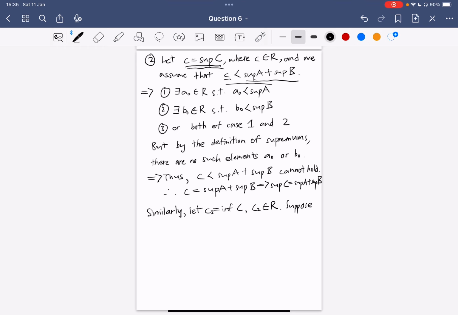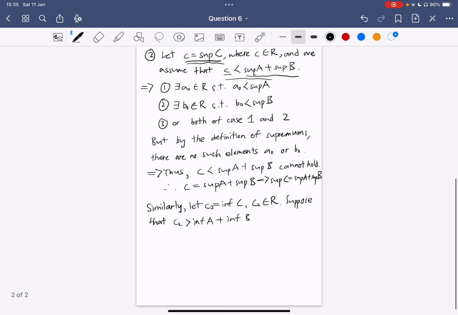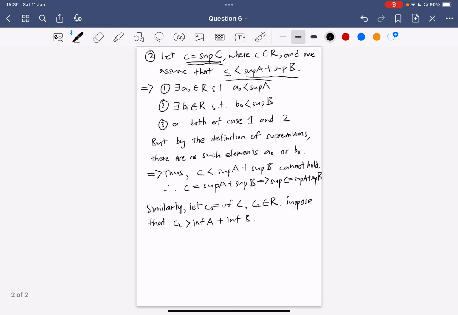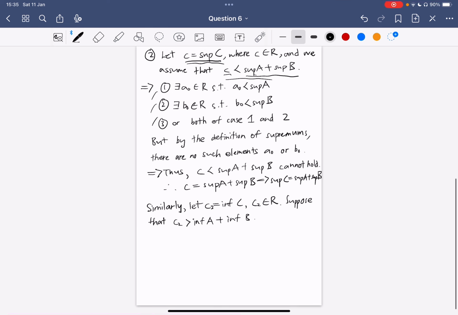Suppose that C2 is greater than inf A plus inf B, then the same thing. These three cases would apply just in the opposite way.